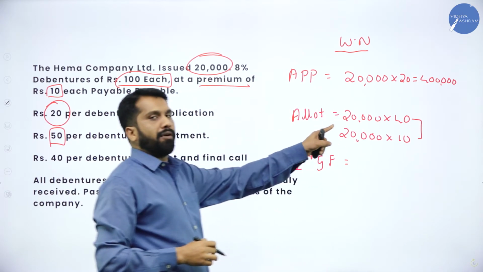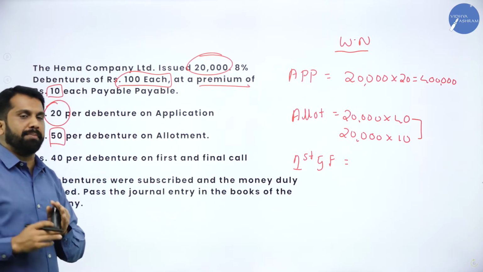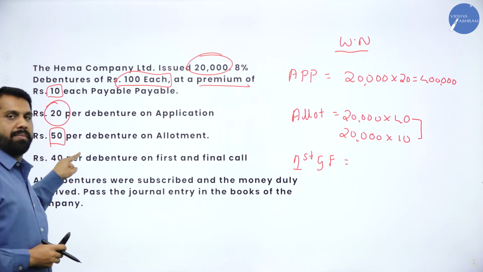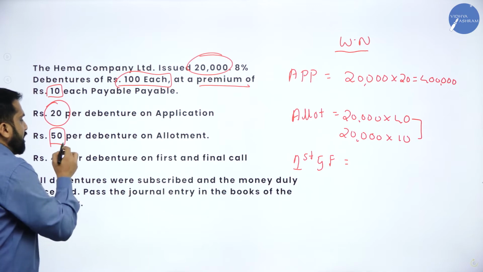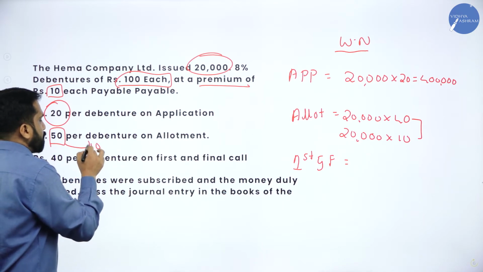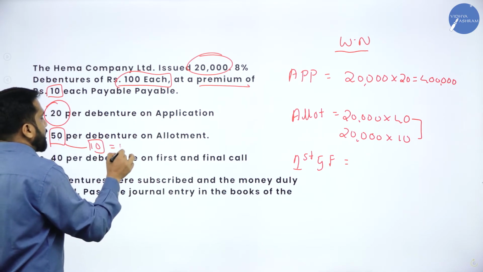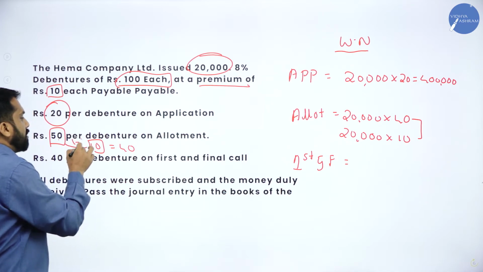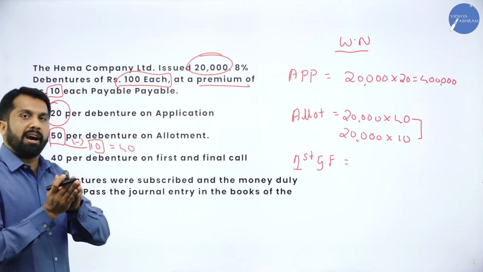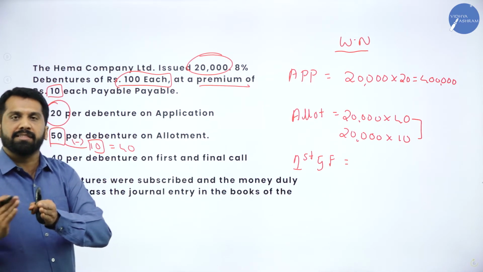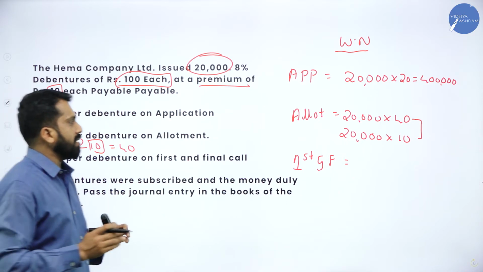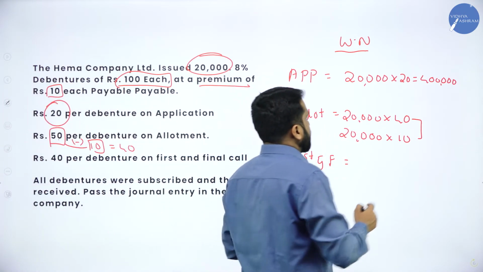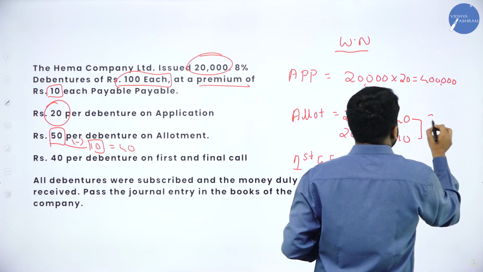So why this 40 and 10? Because your allotment is 50. In this 50, 10 rupees is premium. 50 minus 10 is 40. We have bifurcated. Premium is separate, debenture is separate. Now, 20,000 into 40, it will be 8 lakh.